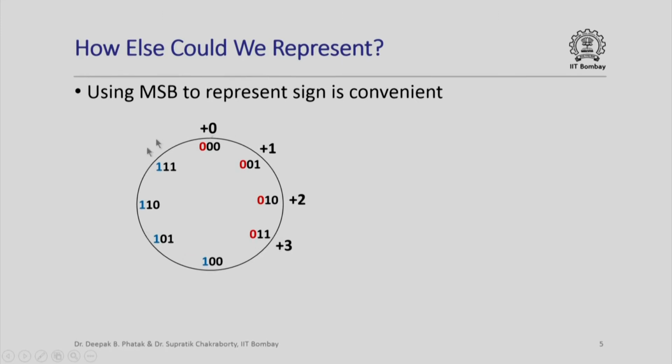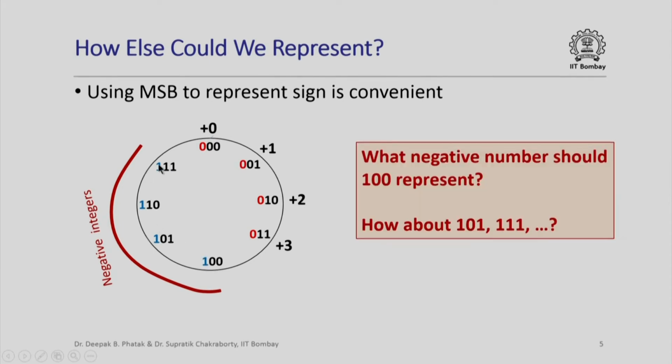Now what about these? Here the MSB is 1, and so these must represent negative integers, but what negative integer should we let each of these sequences of zeros and ones represent? For example, what negative number should 100 represent, what should 111 represent, and so on.